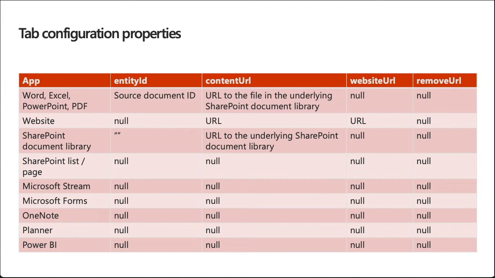So when you're working with an Office file type tab, like Word, Excel, PowerPoint, or PDF, you're going to want to specify the URL of the underlying SharePoint document library, the file in that library. That's the full URL that you're going to want to use. Now, it's not just as simple as opening up the document or the spreadsheet or PowerPoint deck or the PDF and then grabbing the URL from the browser and just pasting it in.